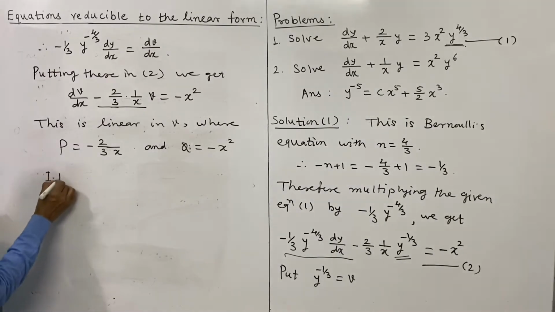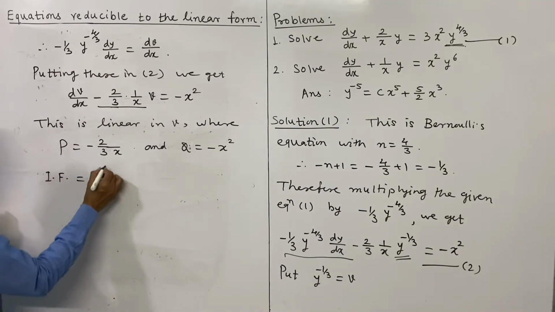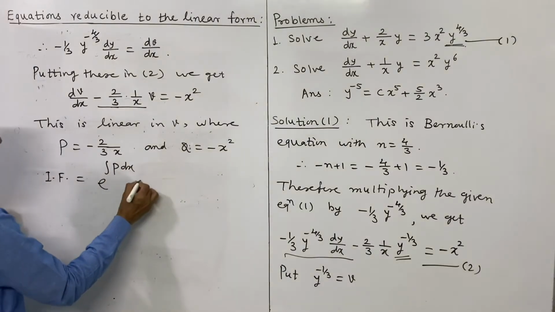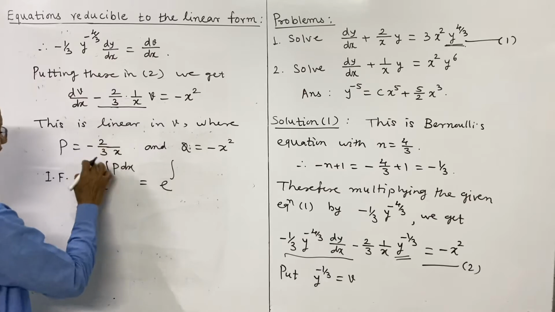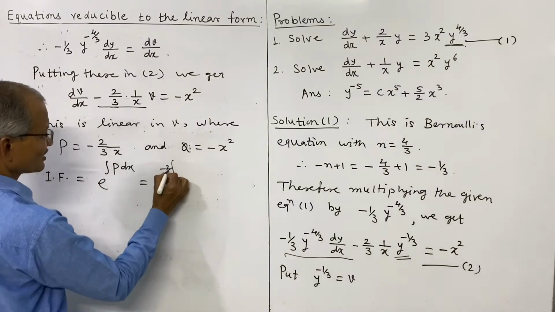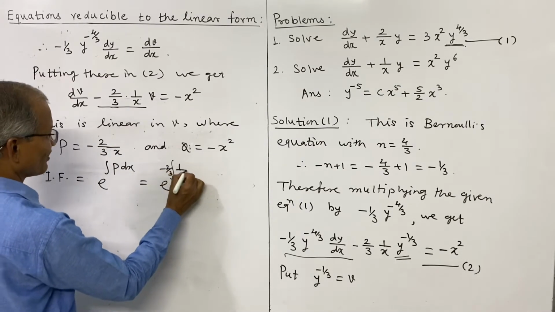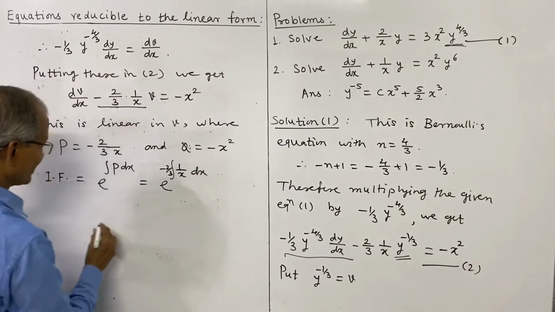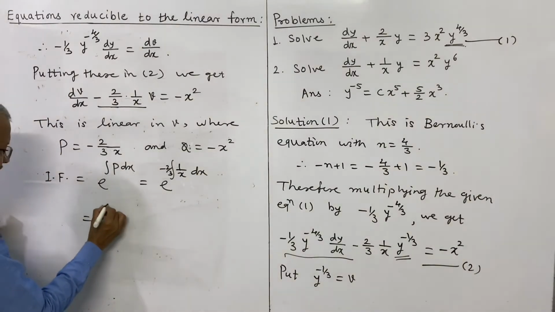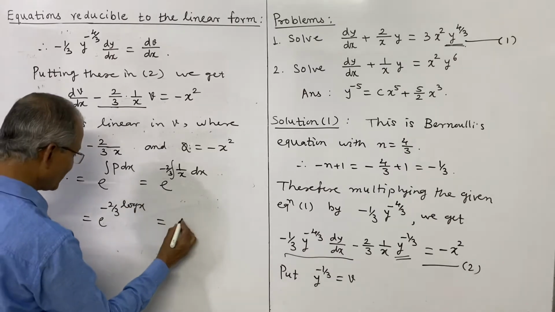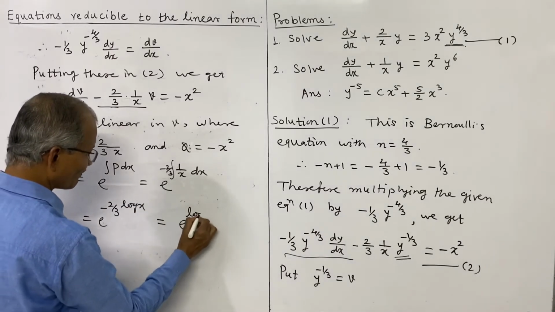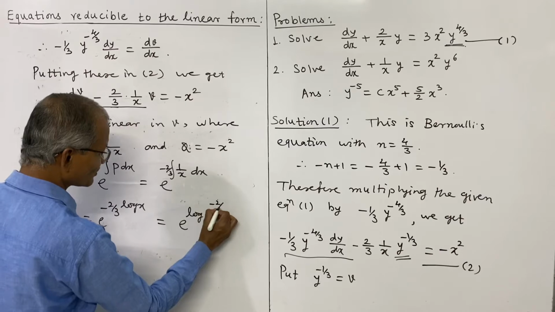IF is equal to e to the power integral p dx, or e to the power integral, this minus 2 by 3 is constant, so I shall write outside, and 1 by x dx, or that is e to the power minus 2 by 3 log x, or that can be written as e to the power log of x to the power minus 2 by 3.